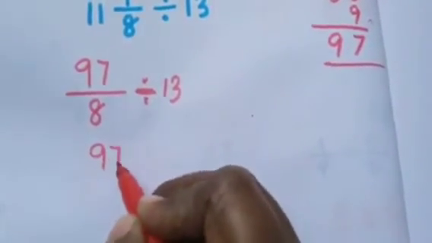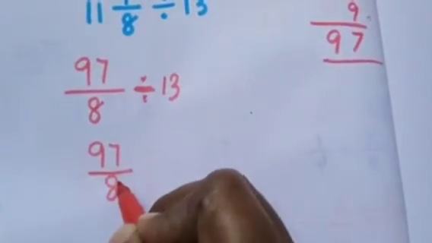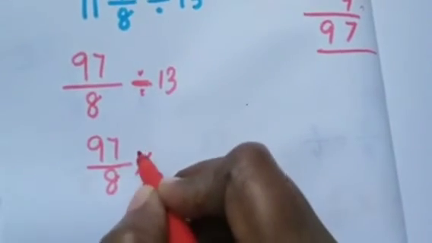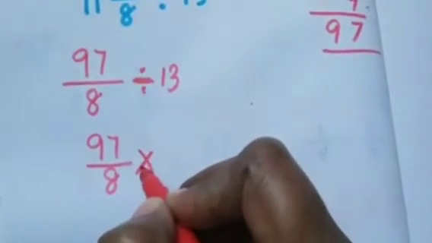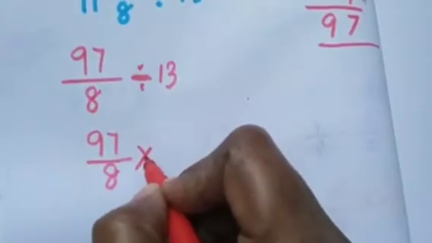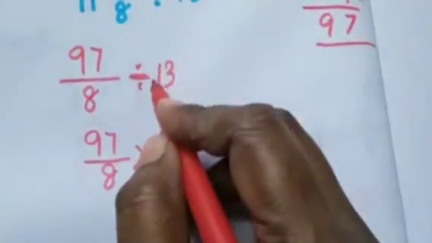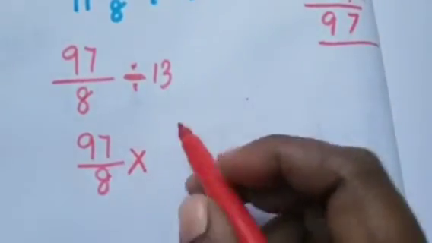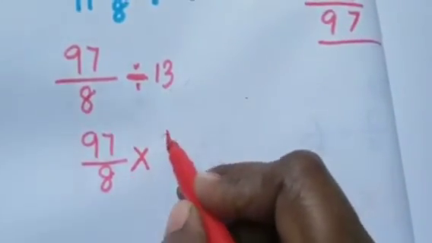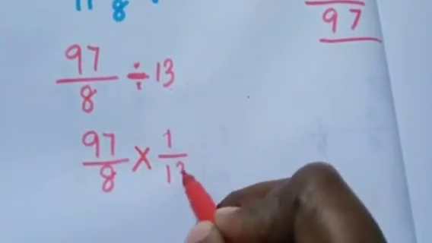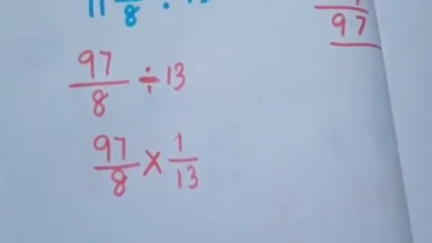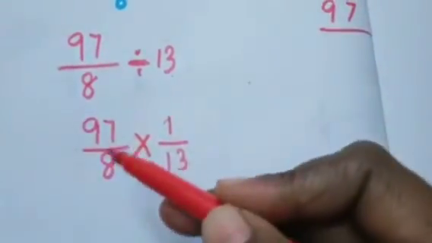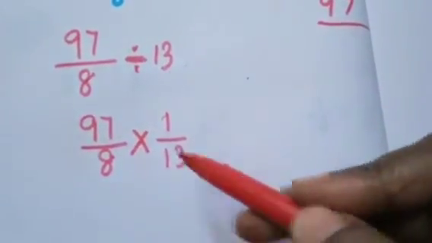Now I am going to change the division symbol to multiplication. When I write the multiplication sign, I immediately write the reciprocal of the given number 13, which is 1 by 13. Are there any common factors among 97 and 8, and 13 and 97?